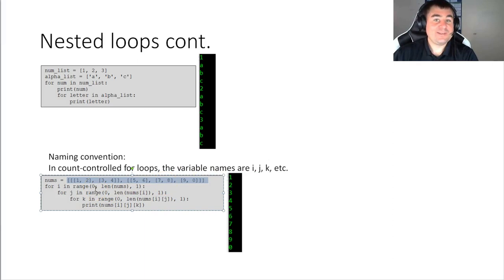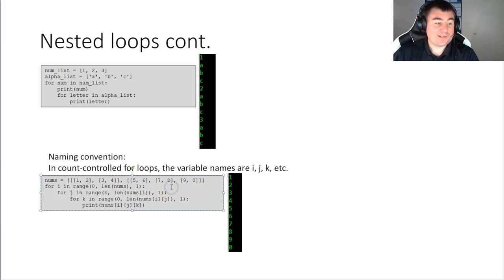This is a list of lists of lists. Look, this is a triply nested list. The list nums has only one item, which is a list. Now that list has many items, each of which is a list. We have, again, 1, 2, 3, 4, 5, 6, all the way through 9, and now we have 0.